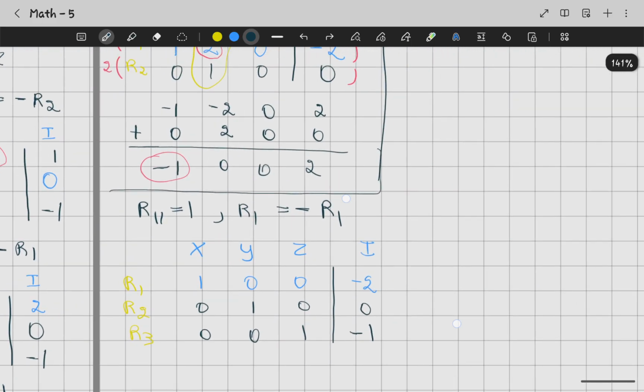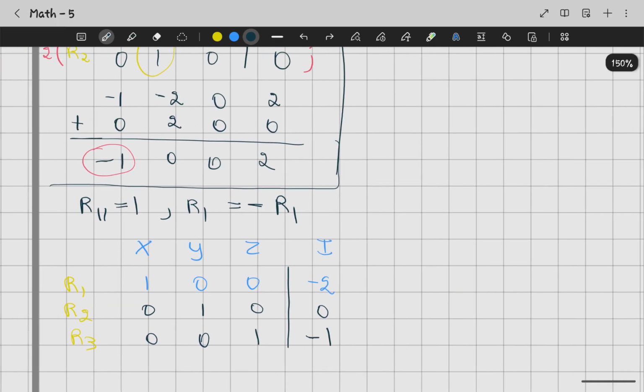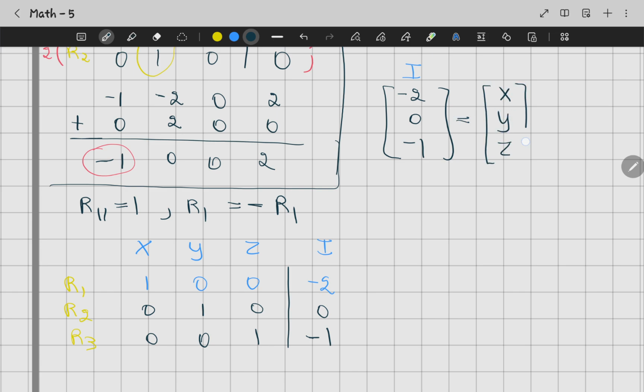And then, as you can see, this is what we have. It's -2, 0, -1. This is what we got for x, y, z.